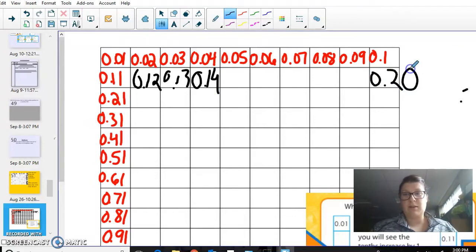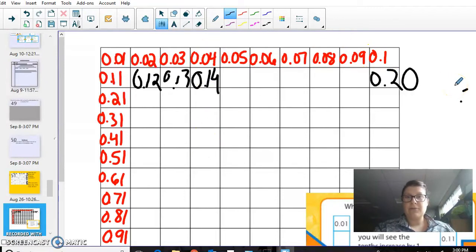If I wanted to add my 0 there, I know that's the same value, 20 hundredths or 2 tenths. So decimal place value increases by 1 hundredth as we move to the right and increases by 1 tenth as we move down.